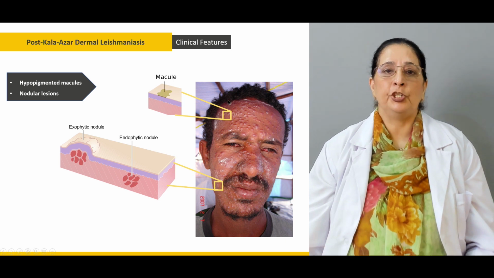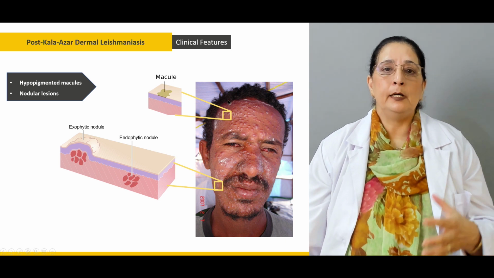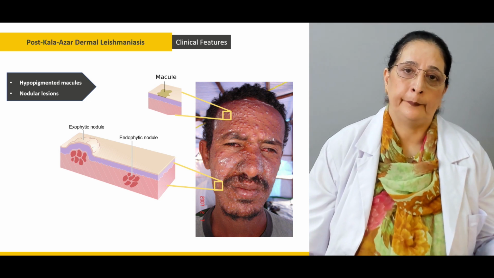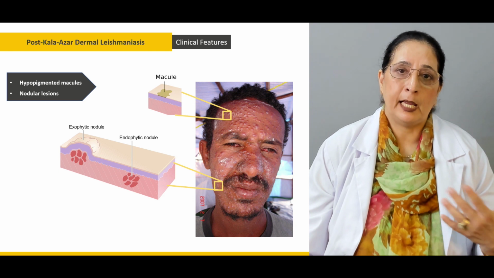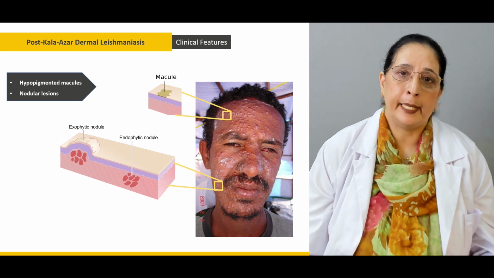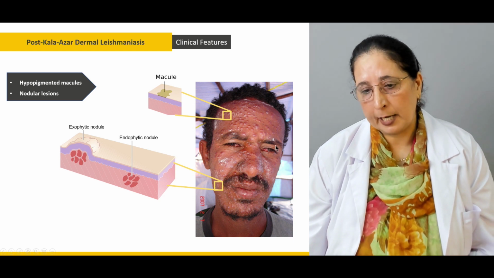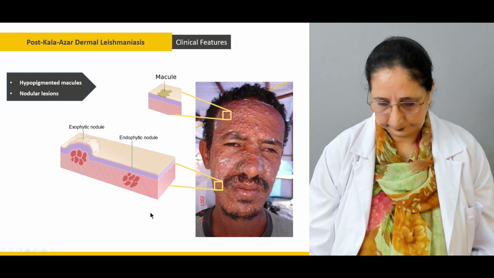So that is the presentation of post-kala-azar dermal leishmaniasis. We have macules, we have nodules. Nodules can be exophytic or they can be endophytic nodules.